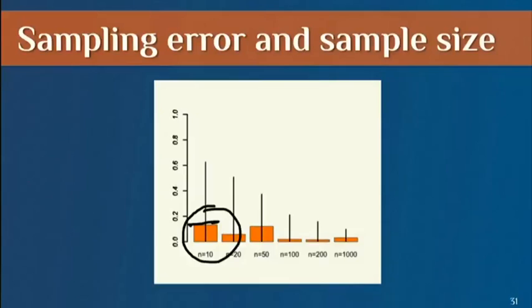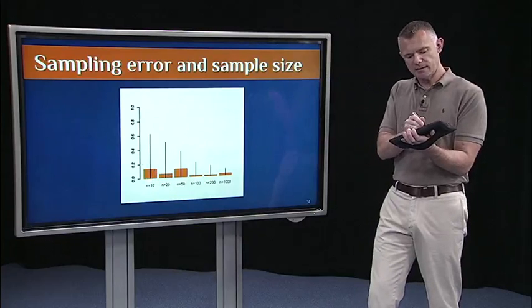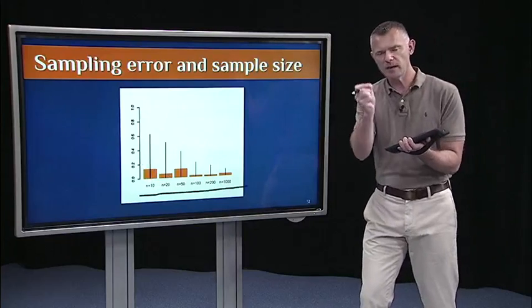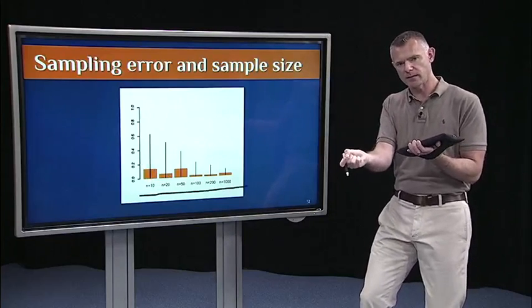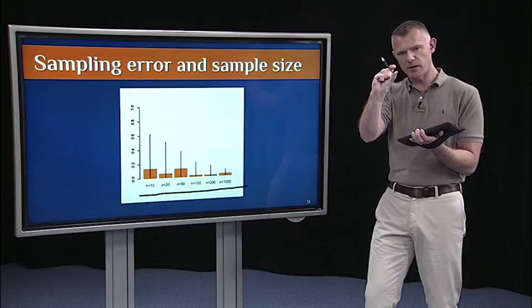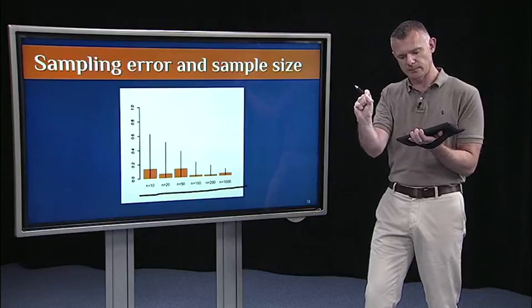And this bar here reflects the amount of sampling error. That's the standard error bar. So what you see as sample size increases, the actual mean approximates 0, and the standard error bar shrinks because standard error shrinks as a function of sample size.